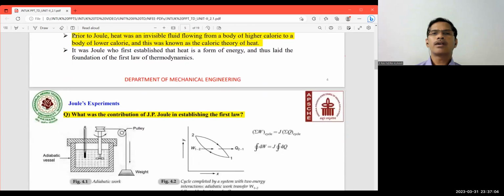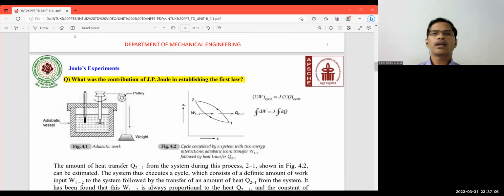He took one container which is insulated, and in that container, a pulley connected to a paddle wheel. At the end of the pulley, some weights are attached, and on the other side, a thermometer is kept, with some water inside the vessel.